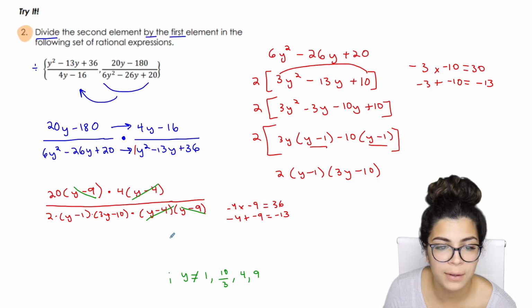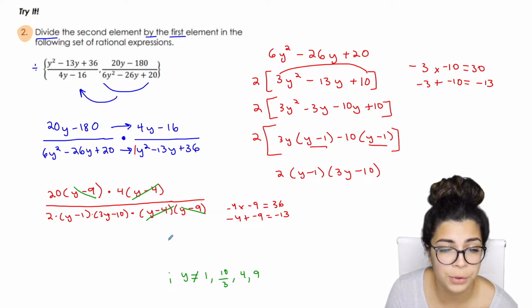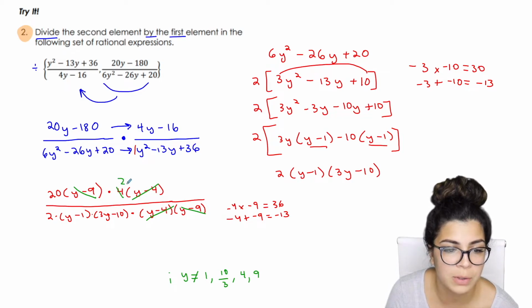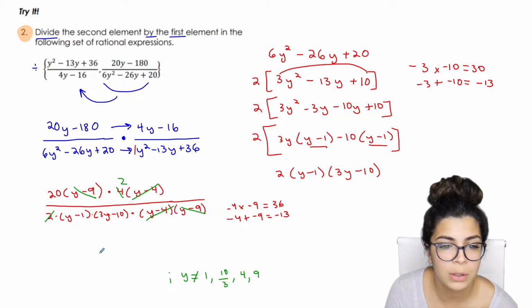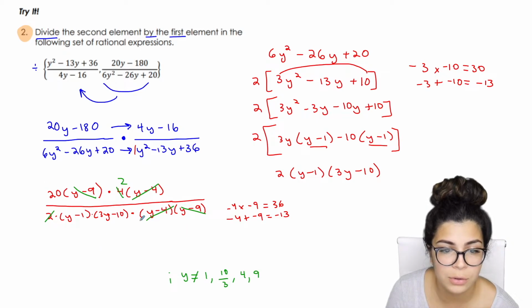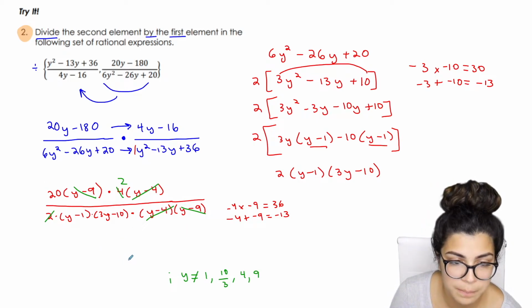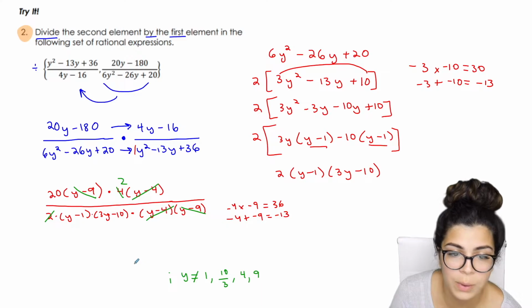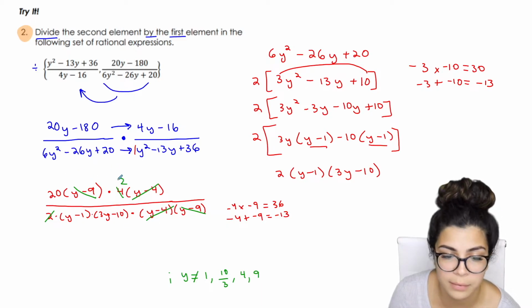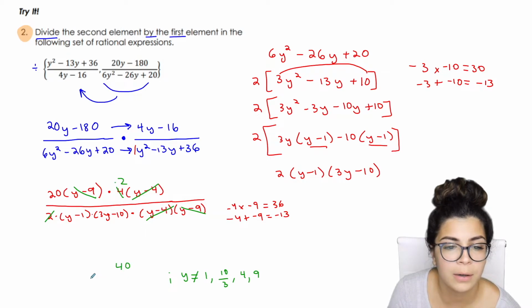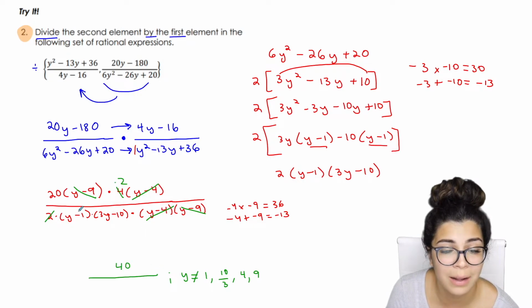We also have a factor of 2 here. 4 divided by 2 would be 2. 2 divided by 2 is 1, so that cancels. So in the numerator, we just have 20. Oh, just kidding. 20 times 2. 2 was left there, so that's 40. And in the denominator, we have y minus 1 times 3y minus 10.